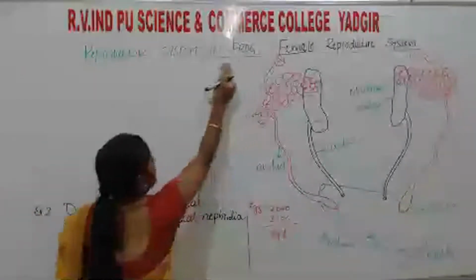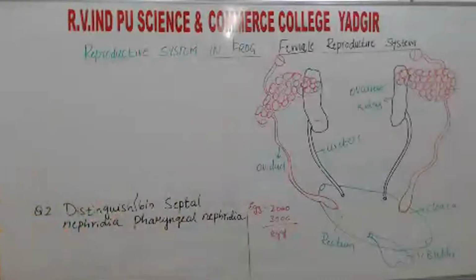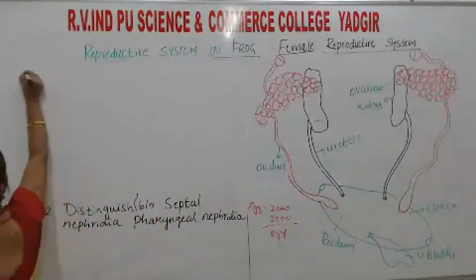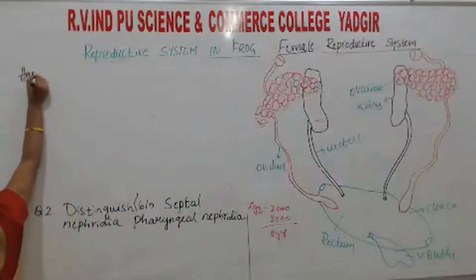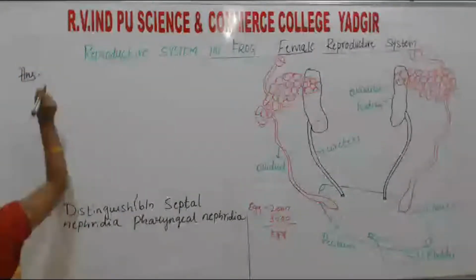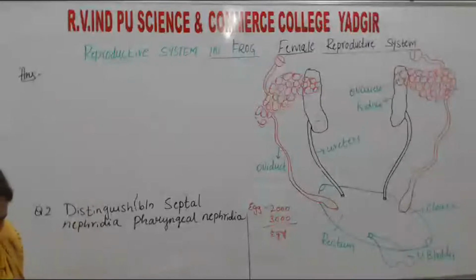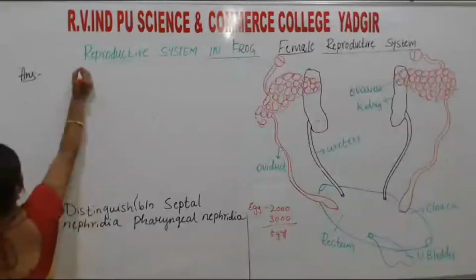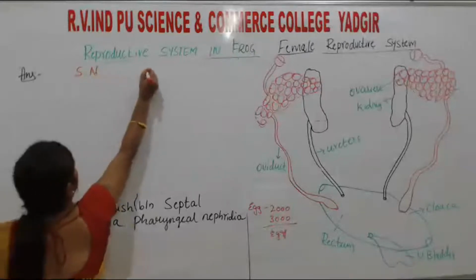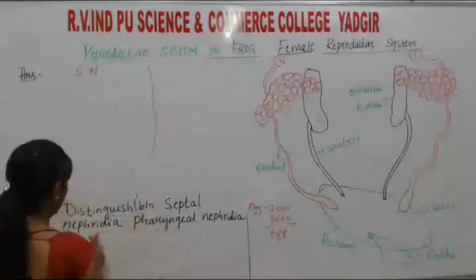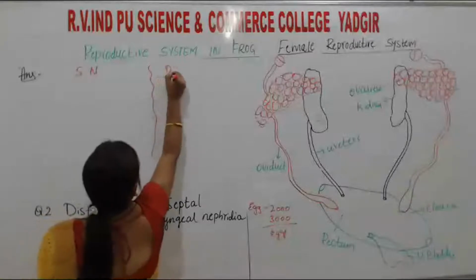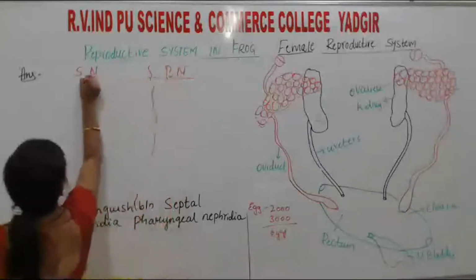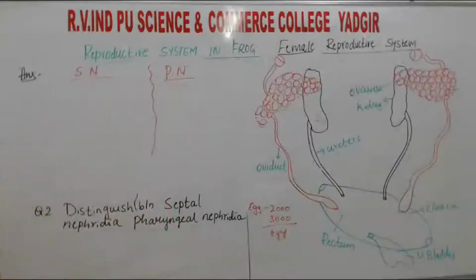Again, somewhat similar question they are asking here. I'll write the answer for this. Septal nephridia and pharyngeal nephridia.